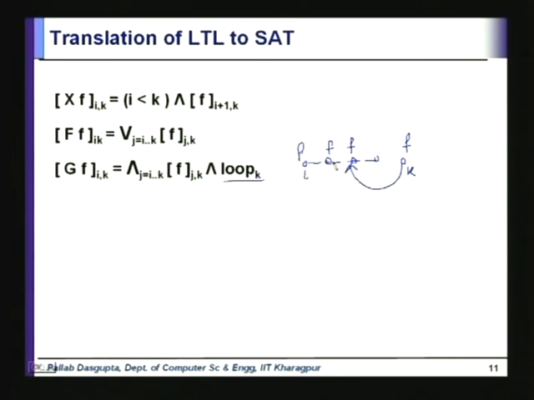You cannot say about this one being in the loop. This may not be in the loop, but this one will definitely be in the loop. So, it is going to be something like this. This is how the infinite path is going to go. So, it is safe to say that I want to look at the loop clauses with anchor at k.